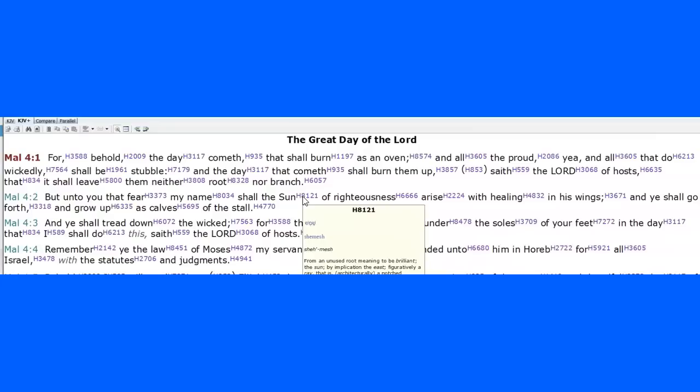The sun, by implication the east, figuratively a ray, that is actually a notch battlement eastward. It's the sun. Some call it a star in the Shemesh, but the word S-O-N has nothing to do with this. And Shemesh and the sun, when you look at this, in H1 1053, it says Helios, like your heliosphere of the sun. But let me click off those numbers because it's kind of hard to read.